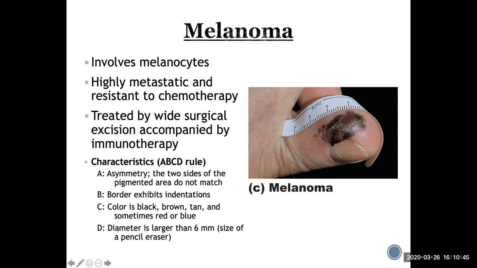But if it gets past a diameter of 6 millimeters, which is roughly the size of a pencil eraser, then that's your last red flag. That's D, right? So A, B, C, D: asymmetry, border, color, diameter, to look for melanoma.